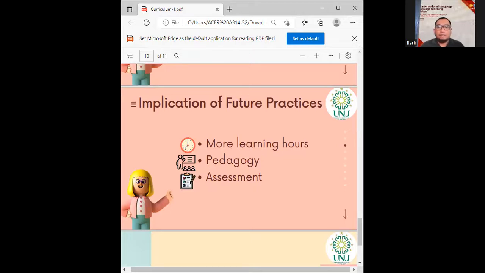Estonia and Indonesia have quite different ways of assessment, especially for their national exams.